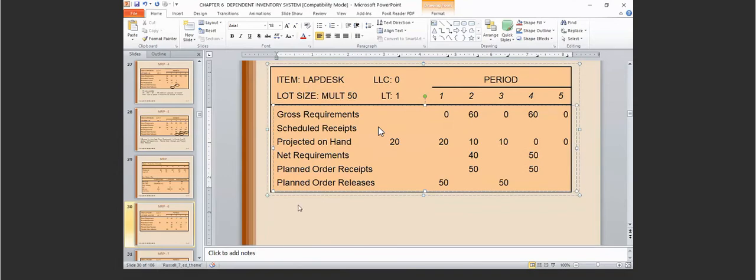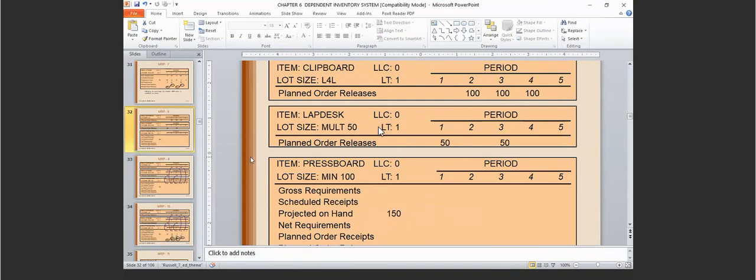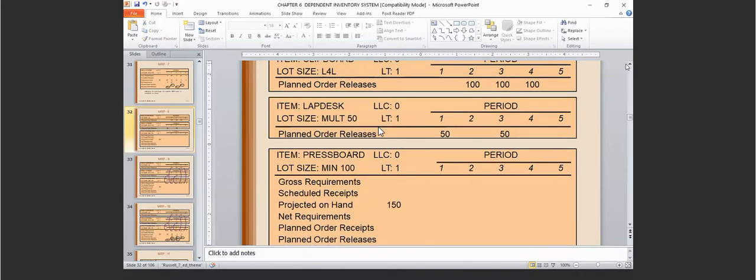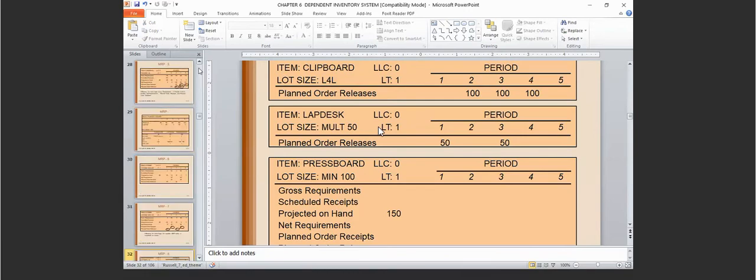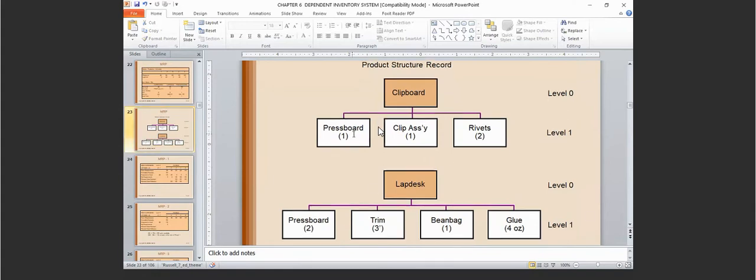The next step is to develop the MRP table for the item fresh board. We understand that based on the product structure, the item fresh board is needed for the product clipboard and lab desk.